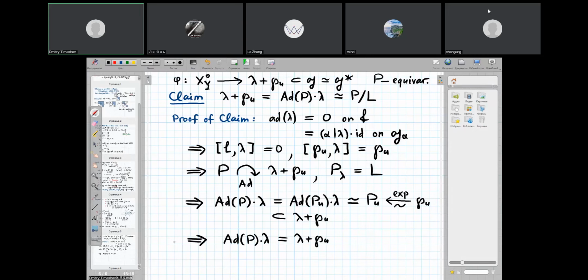Because, let me comment, it is not possible to embed an affine space to itself as an open subset.